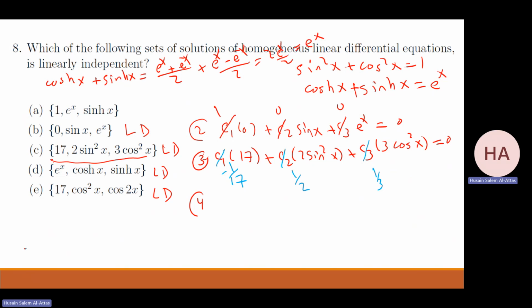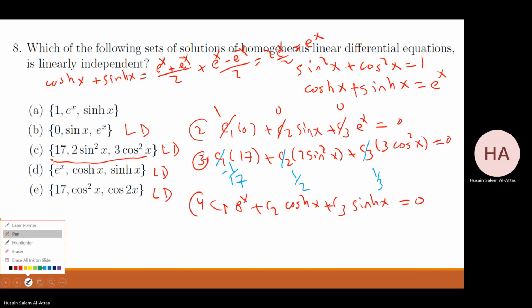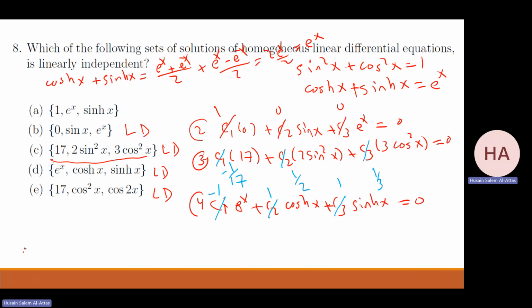So that's correct. So I will write C1 e^x plus C2 cosine hyperbolic x plus C3 sine hyperbolic x equals 0. So I will choose C1 to be 1, and cosine hyperbolic is e to the power x. I'll choose this minus. So I'm getting it.